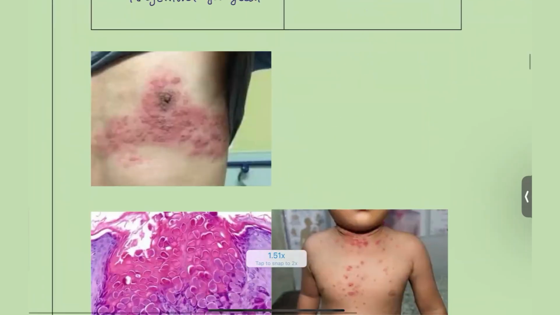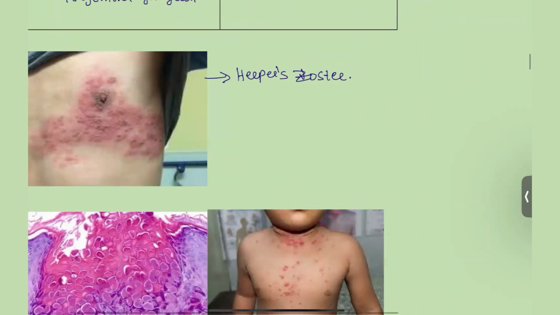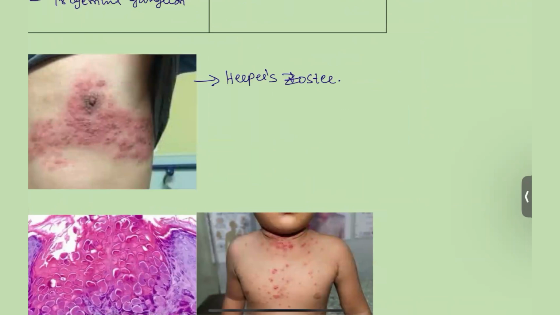Next, another picture. This is herpes zoster, right? This is due to the varicella zoster virus, which remains in a latency period. During this latency period, it stays in the dorsal root ganglia.